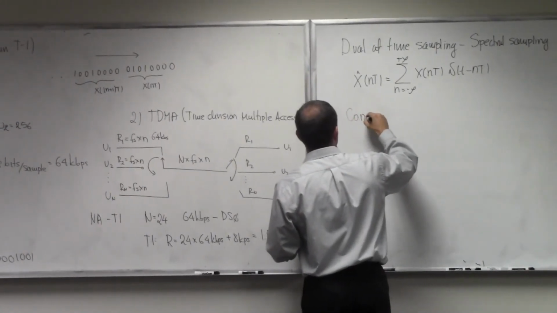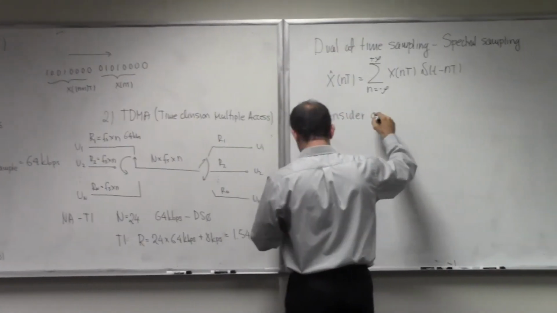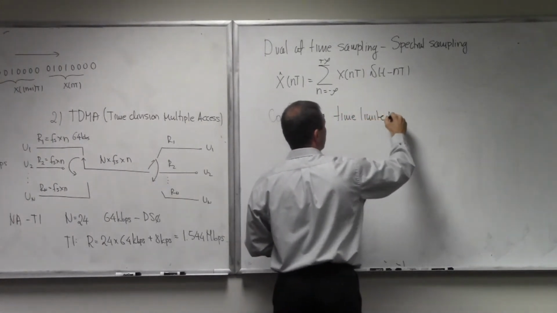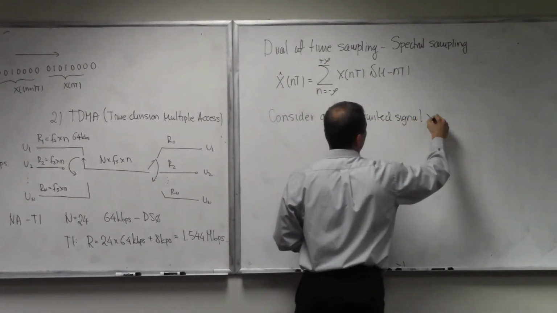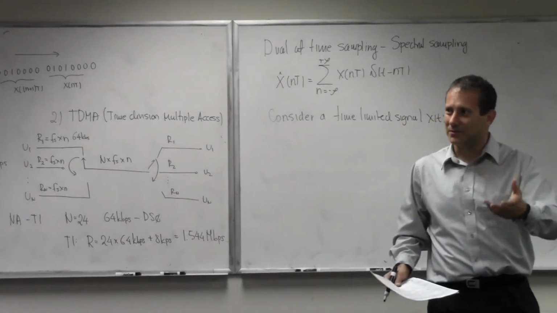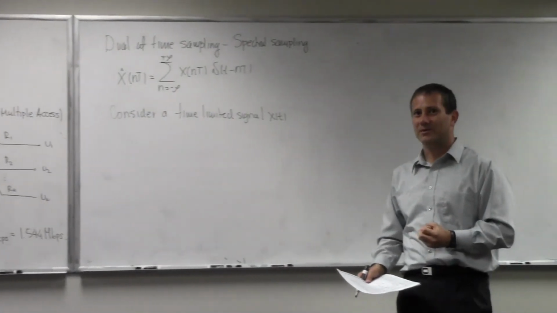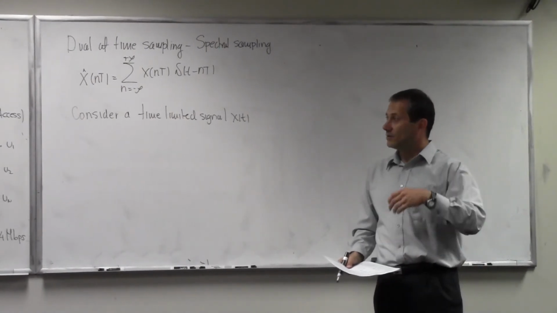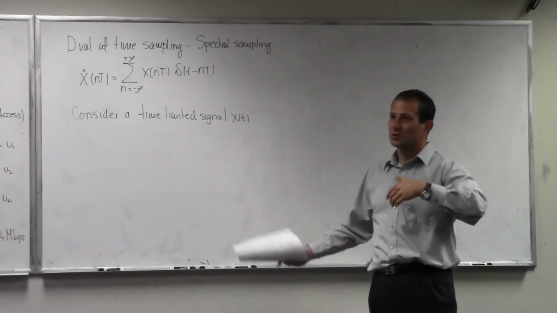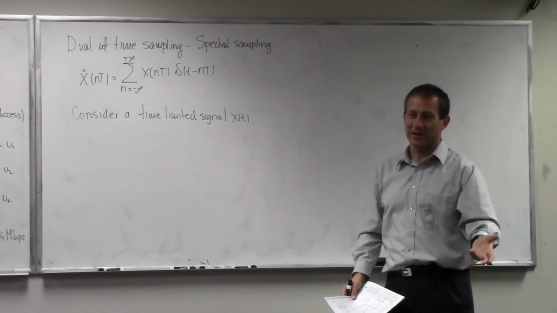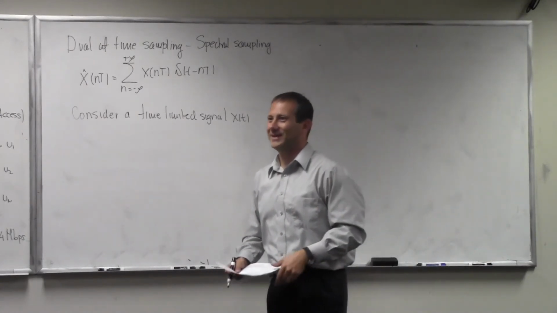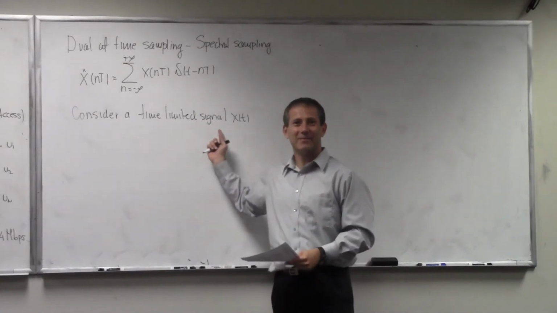So I'm now going to consider a time-limited signal x of t. And it's kind of funny. Remember the two worlds? One is the frequency domain, and the other one is the time domain. So far, I've been living in the time domain and looking into the frequency domain. So the sentence was, consider a band-limited signal x of f. Now I'm actually in the frequency domain looking over at the time domain and saying, consider now a signal that's time limited, right?